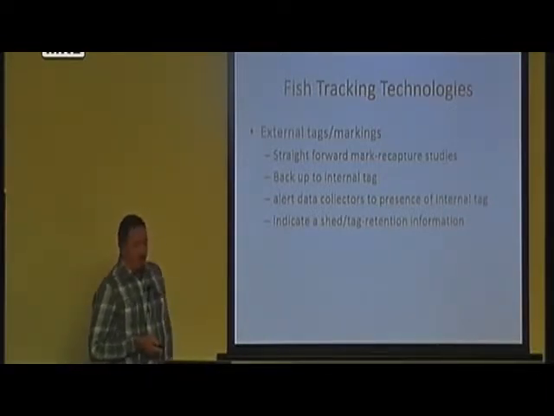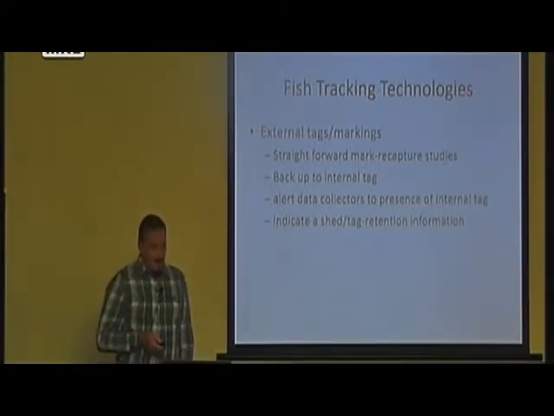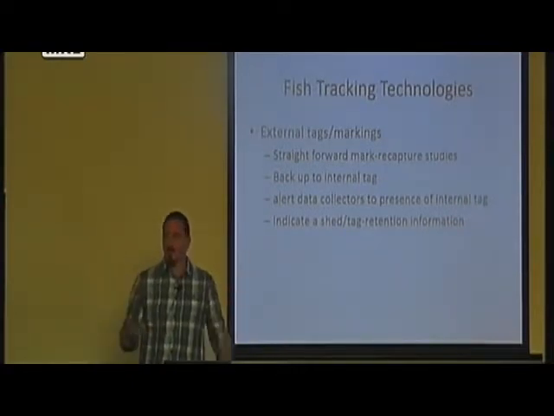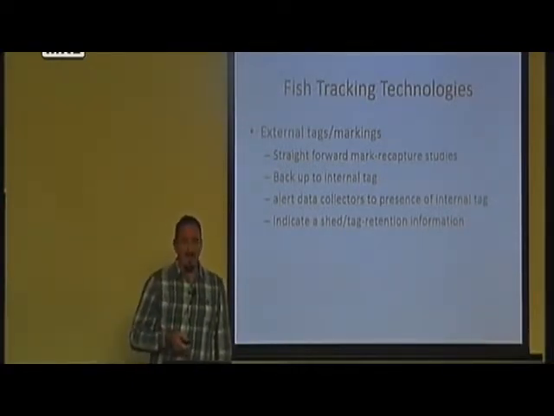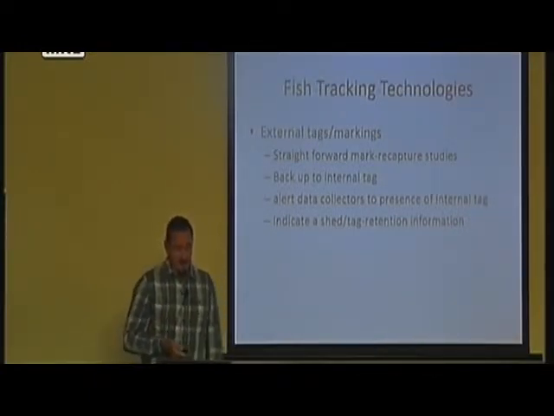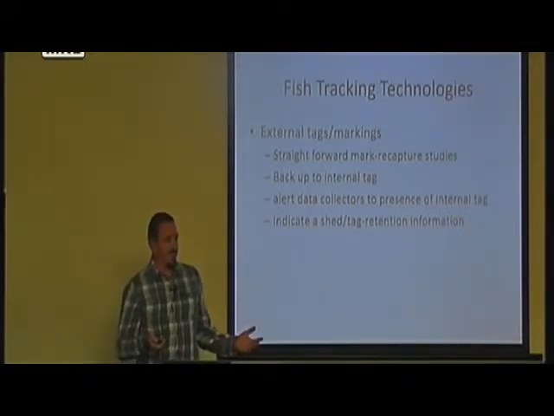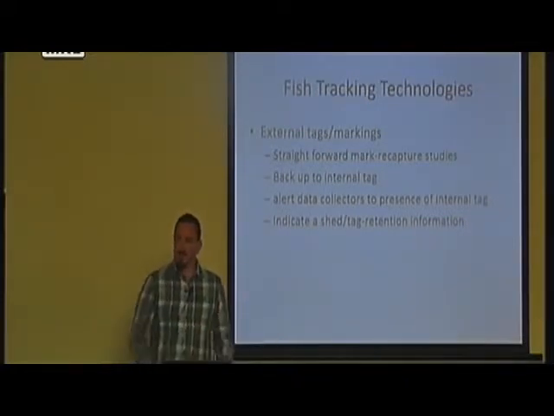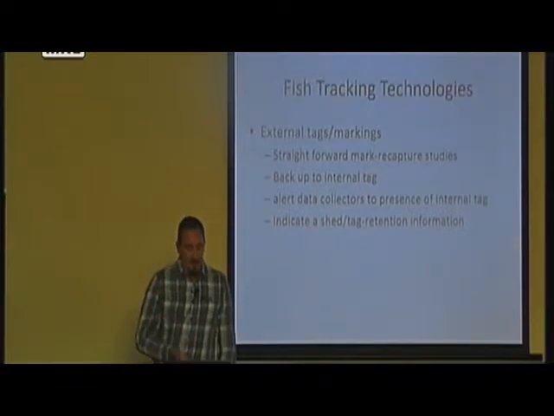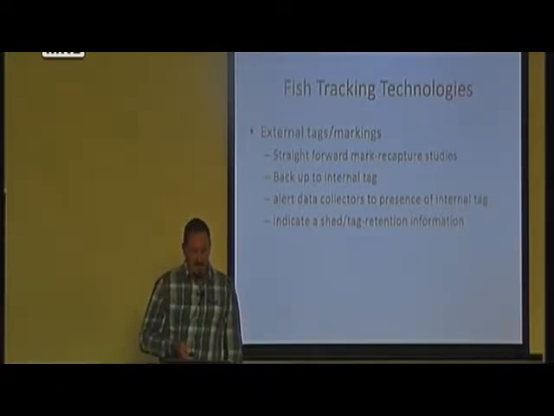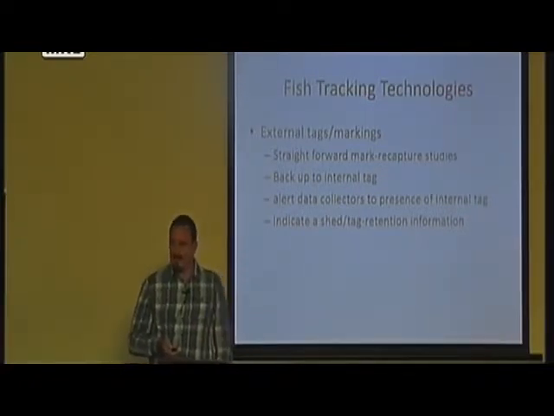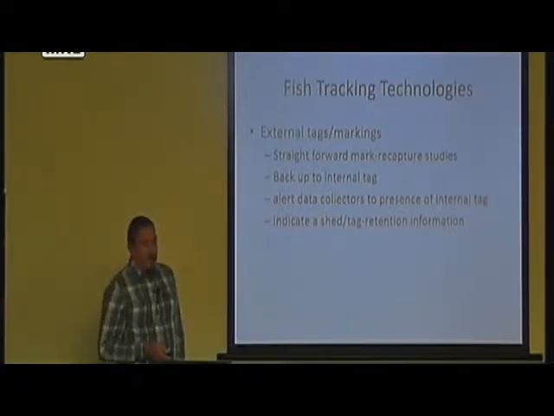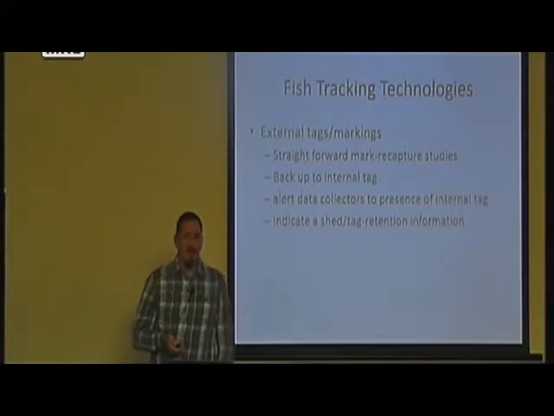Fish tracking technologies. We can start with something as basic as an external tag, if you're just wanting to see your fish again for a mark-recapture study: you mark a certain number of fish, see how many you catch on the next round, do your analyses and get some basic population metrics from that. It can also be a backup to an internal tag.